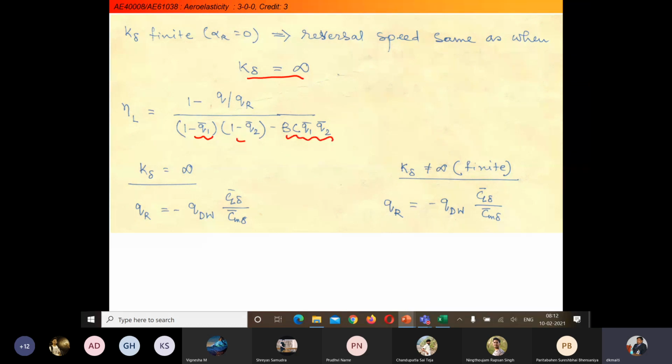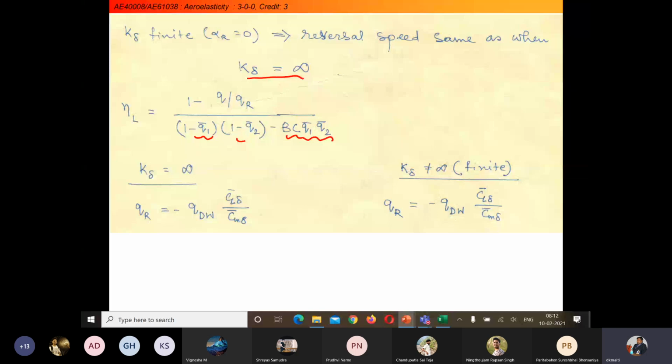If you go through the denominator part, it says that earlier, with the clean wing section without any control surface, we got the QD wing.